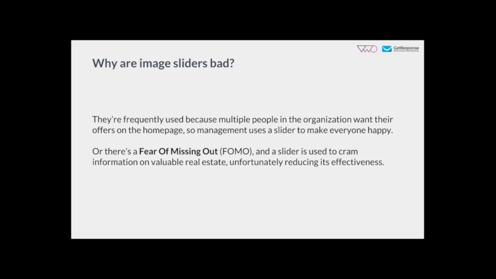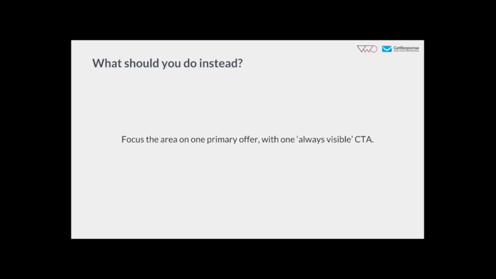So instead of an image slider, it is always better to focus on one primary offer with one always visible call to action button. If your images are moving automatically, then even your call to action button probably only has about 5 to 6 seconds to stay there, after which the entire context or offer has changed.